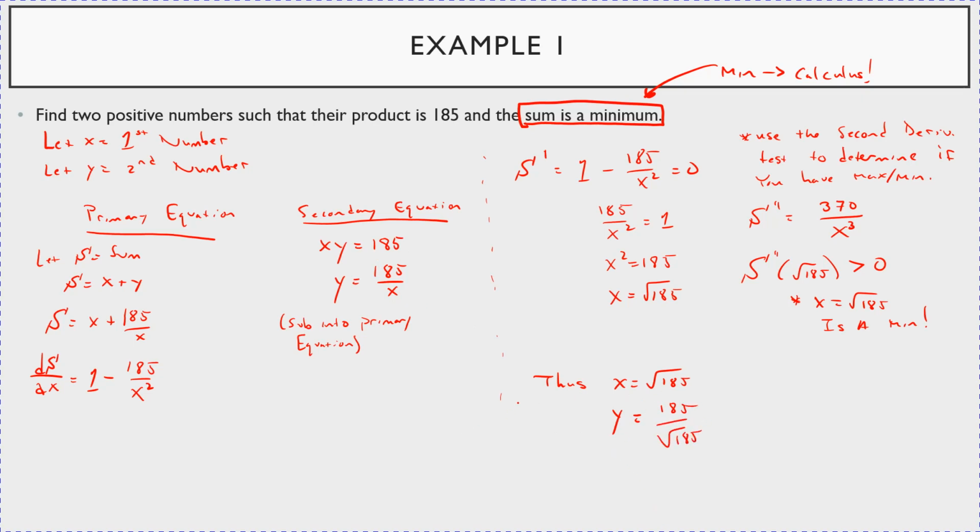You could rationalize the denominator if you wanted: the square root of 185 times the square root of 185 is just 185. So this is just the square root of 185. Hopefully not too bad. All right, let's do another one here.